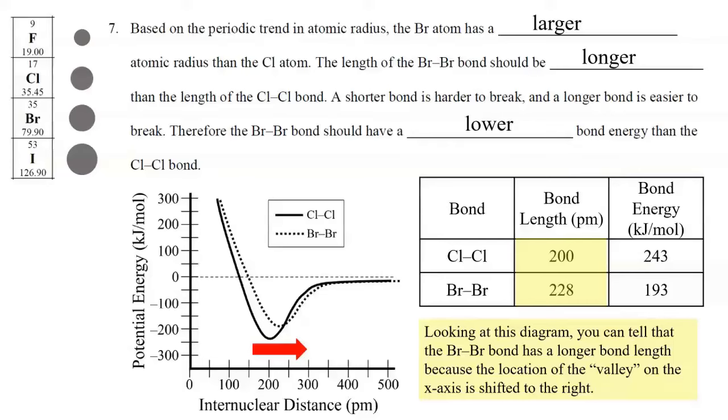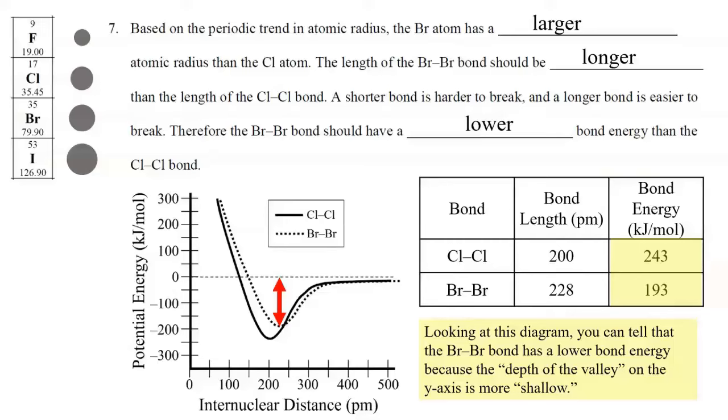So it is a longer bond. Now for the y-axis, if you compare chlorine and bromine, you can see that the graph for bromine has a minimum of potential energy that does not go as deep as it does for chlorine. So the depth of that minimum is a little more shallow, therefore requires less energy to break that bond.